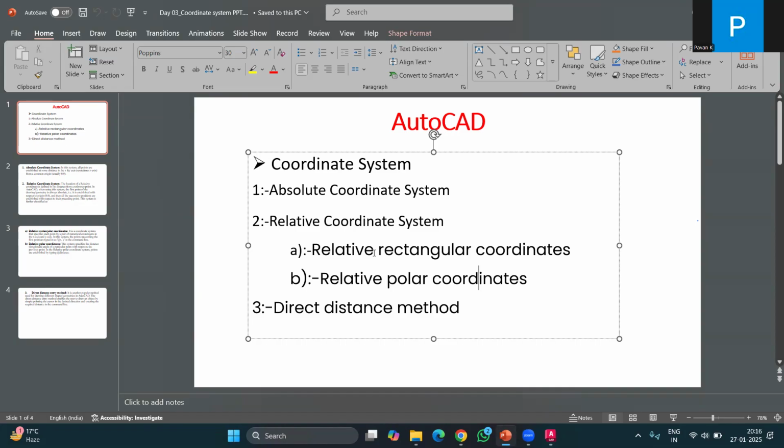Rectangular means a value which consists of x and y, and polar means the distance and the angle. So we are going to deal with this. First will be the relative rectangular coordinate system.